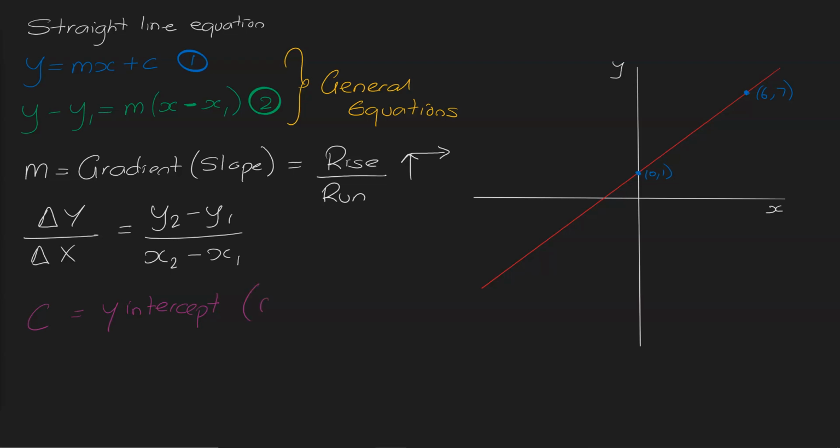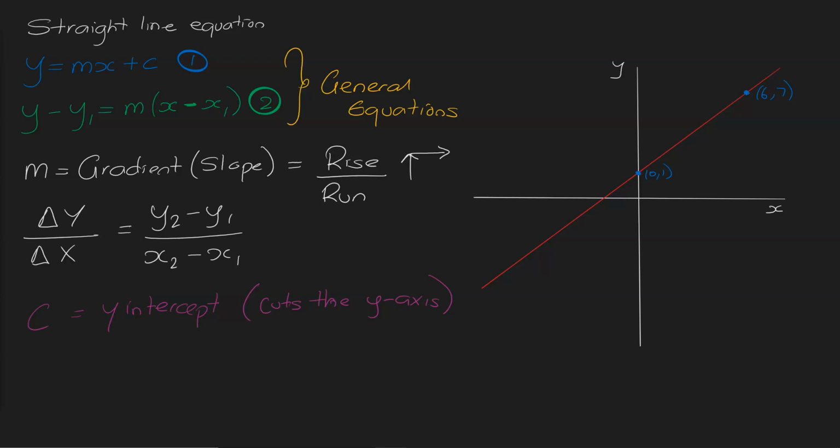I'll write that down over there. Cuts the y-axis, or the axes. Cool, that's our y-intercept. So I've drawn this lovely straight line over there, and we'll actually try and find out the equation using both forms.